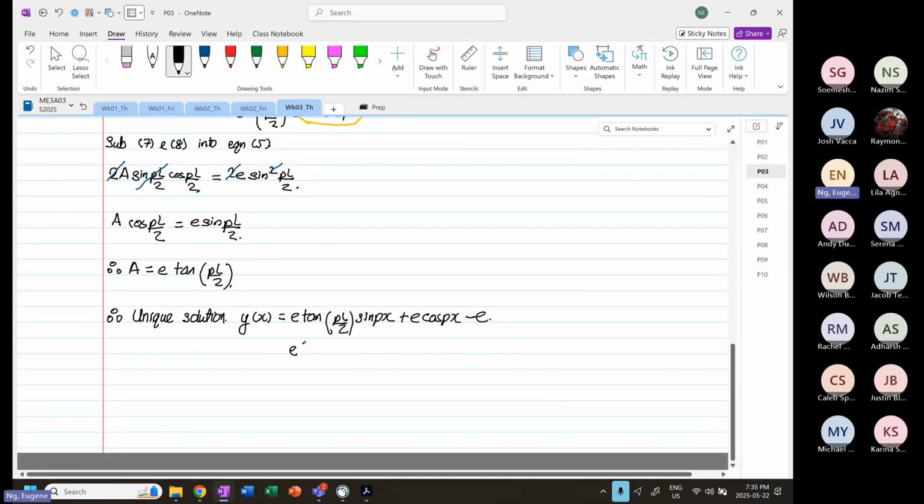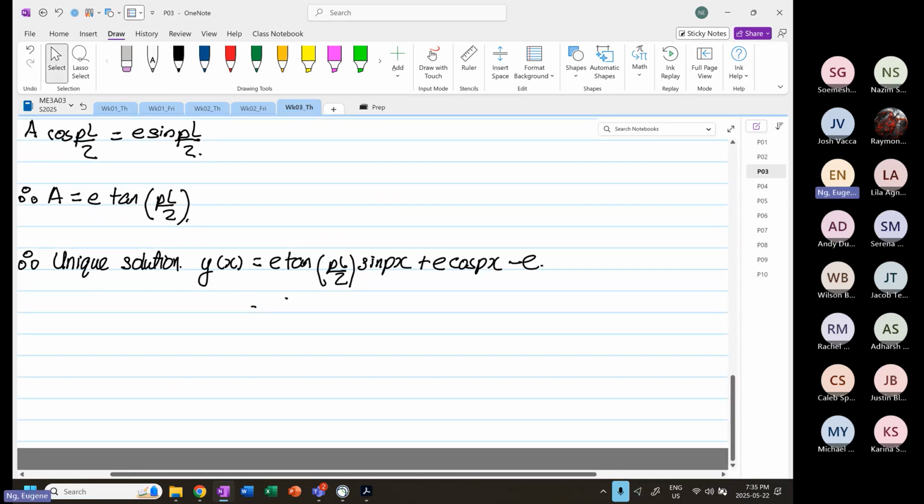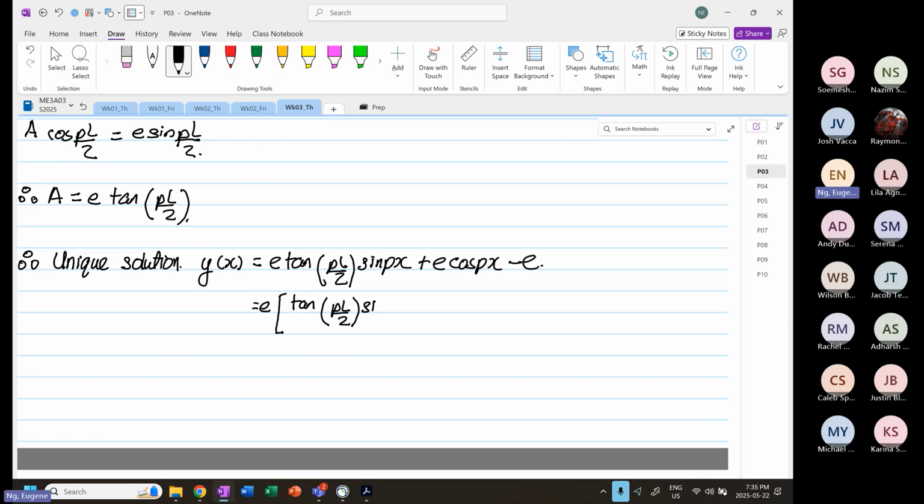And then what we do, we are going to gather all our terms. So we have e, and this will be equal to tangent pL over 2 sine px plus cosine px minus 1, because we take out the e.